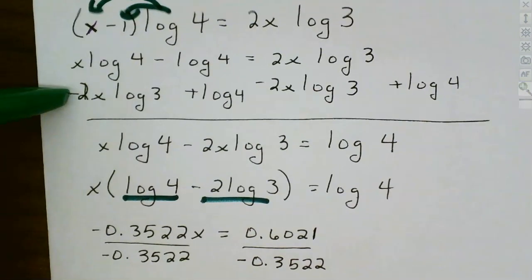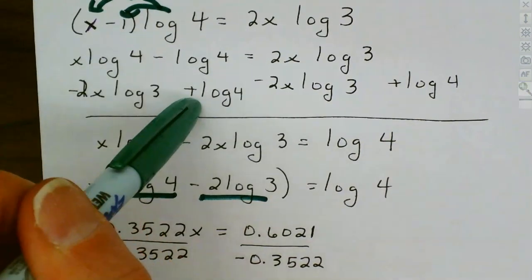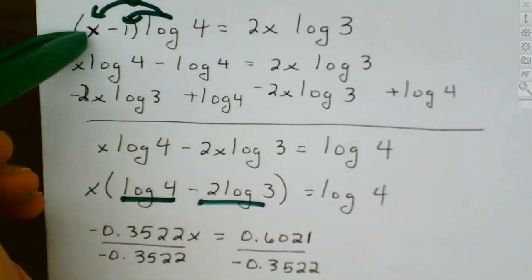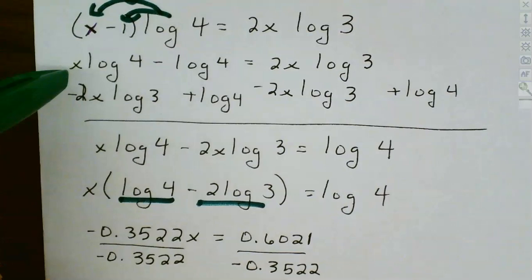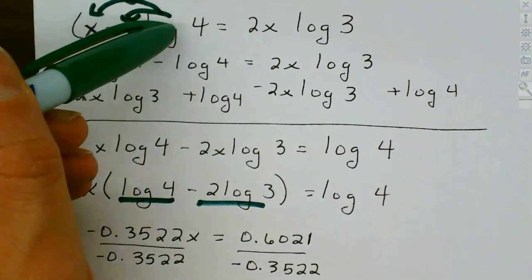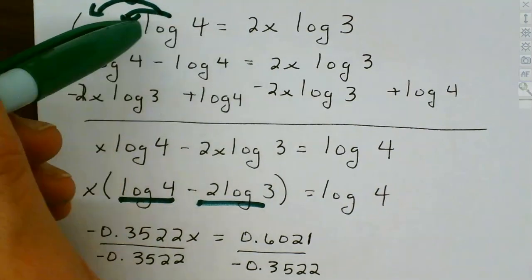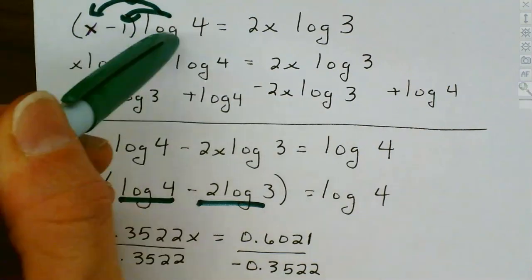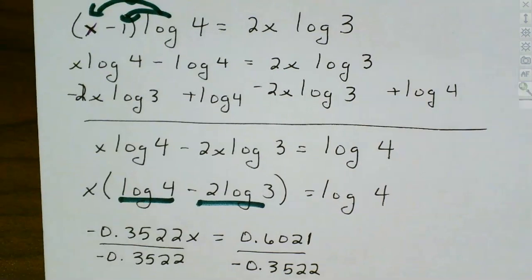This step, where this came from? Okay, this came from when I distributed this log 4 through. I just have x log 4 here, and then I have a log of 4 times a negative 1, and that's where that came from. So I just distributed that log back through, because I had to do that in order to get all the x's by themselves.